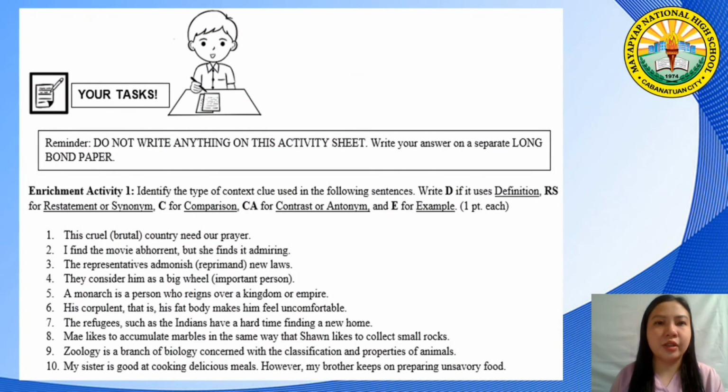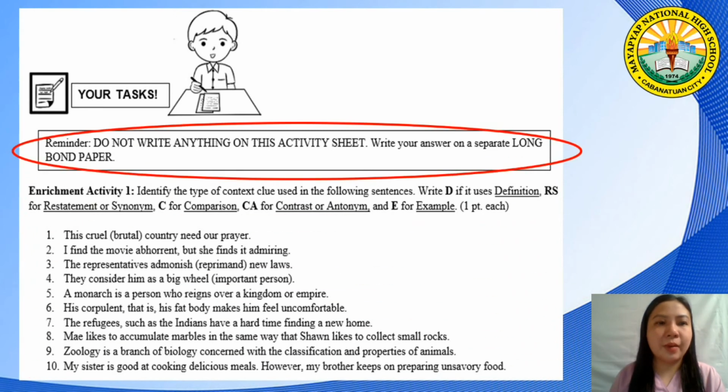At this point, turn your activity sheet to the enrichment part. Be reminded of the general direction. Do not write anything on this activity sheet. Write your answer on a separate long bond paper. For your enrichment activity number 1, identify the type of context clue used in the following sentences.